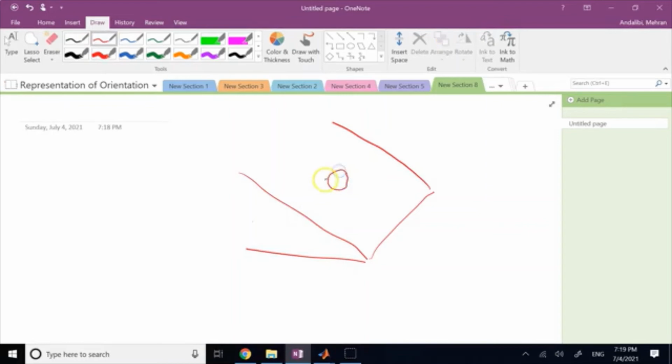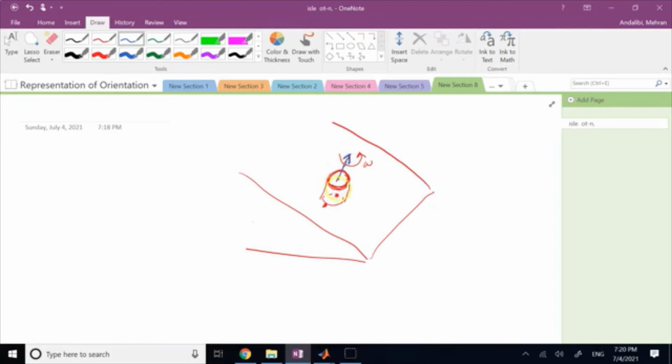This is my differential drive robot, and it has a yaw sensor which measures this angular velocity. Now, it is measuring it with respect to what? It is measuring it with respect to the frame that is attached to the robot. We call it body attached.